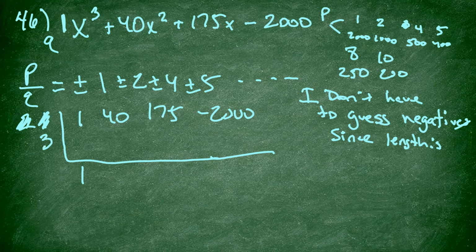So I'll put 3 here, cross it off, and now I'm going to try 4. 40 plus 4 is 44. 4 times 44 is 176. That's going to give me 351. 4 times 351 is not going to give me 2,000 positive. So I know 4 is not going to work.